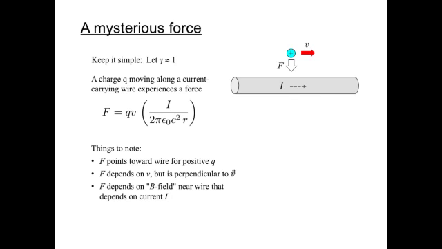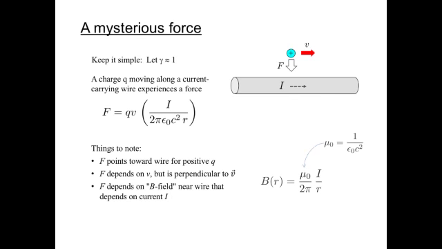And the second thing is that the force depends on the velocity of the particle, but it's perpendicular to the velocity of the particle. And the third point is that the force depends on something we could call the B field, which is that thing in parentheses, the I over 2 pi epsilon naught C squared times R. And this depends on the current carried by the wire and how far away from the wire we are.